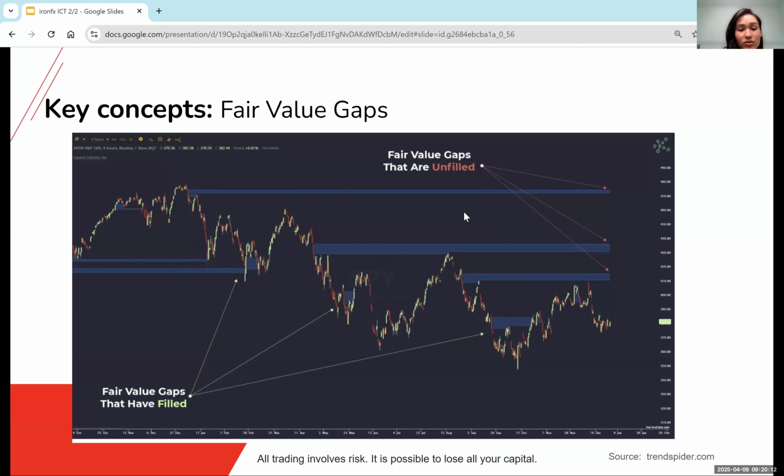Then you wait for confirmation: are these FVGs going to be filled up? That tells you the direction, whether it's bullish or bearish intent, before you then enter in the direction of smart money flow.